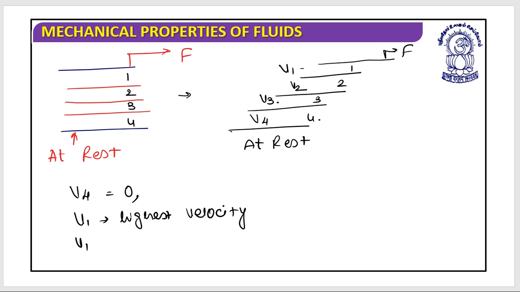So we can understand that v1 is greater than v2, greater than v3, greater than v4. I hope this is clear.